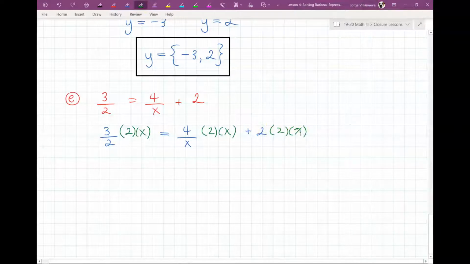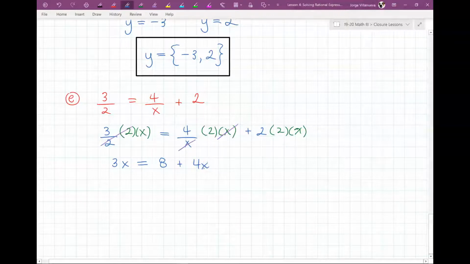Again, I know this method takes longer, but I just think it's so much easier to understand. So we can cancel out our 2's right there. So I just get 3x on that side. On the next fraction, I can cancel out my x's. So all I get is an 8. Plus, and then on the last one, there's nothing to cancel out, but 2 times 2 times x is just 4x.